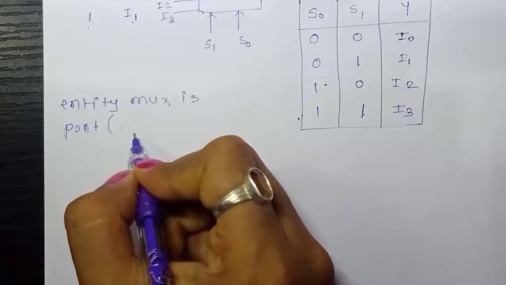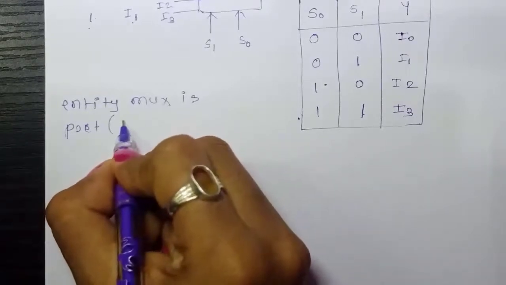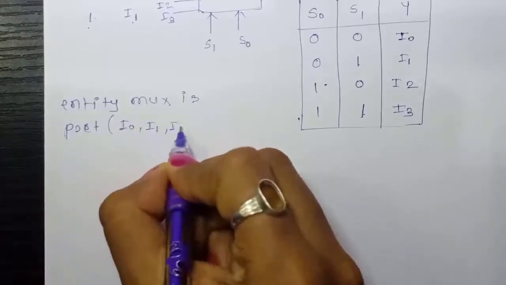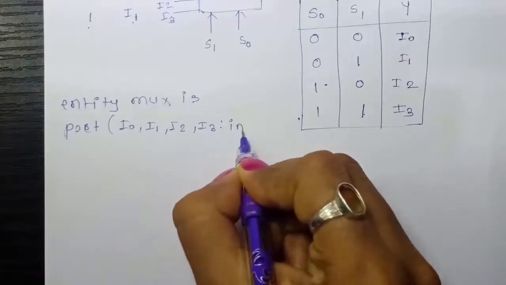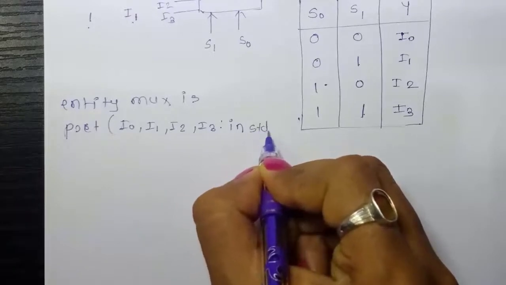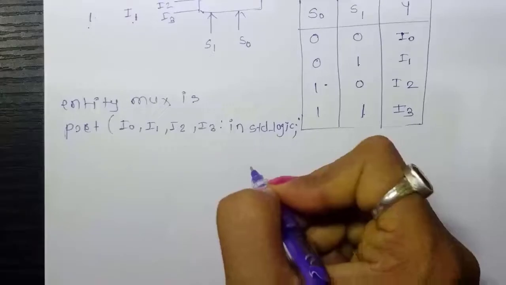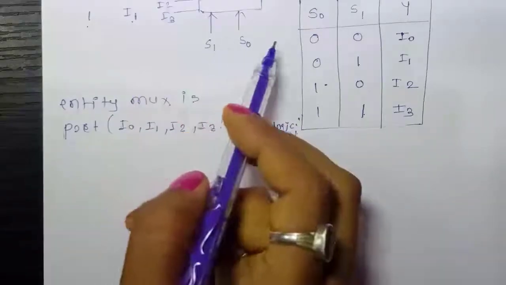So we have 4 data input lines. So write I0, I1, I2, I3 colon in, with the data type associated with it being standard logic. And then S0 and S1, these are your 2 selection lines.